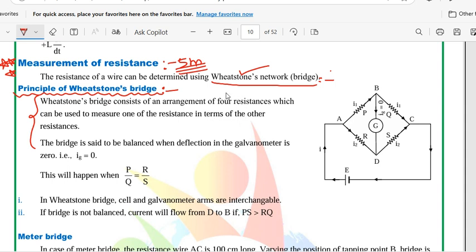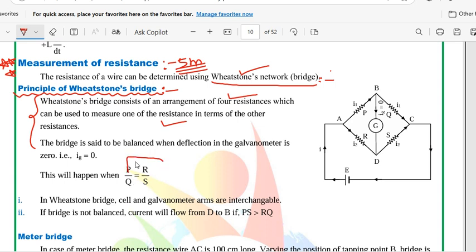The bridge is said to be balanced when the deflection in the galvanometer is zero. See, the galvanometer connection is G.